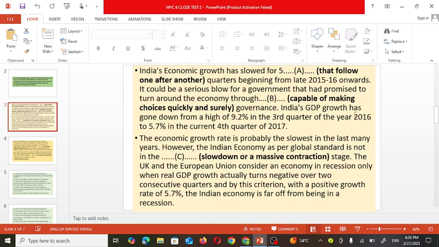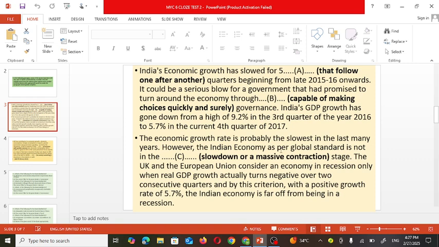India's GDP growth has gone down from a high of 9.2% in the third quarter of the year 2016 to 5.7% in the current fourth quarter of 2017. Means from 9.2% it is reduced to 5.7%. The economic growth rate is probably the slowest in the last many years.